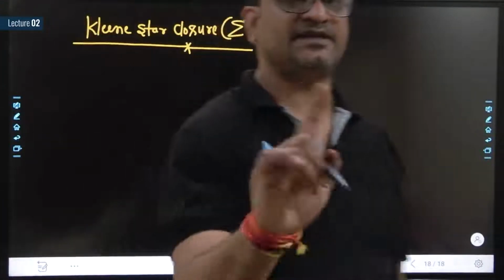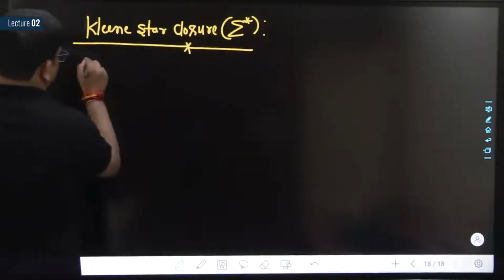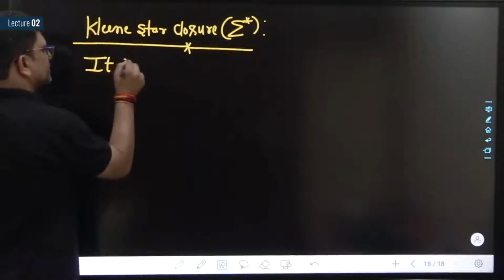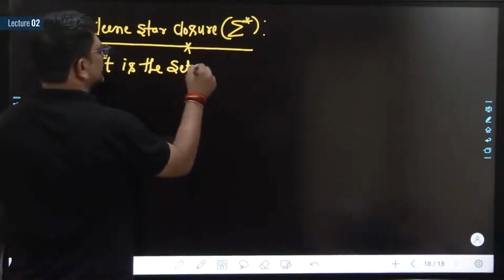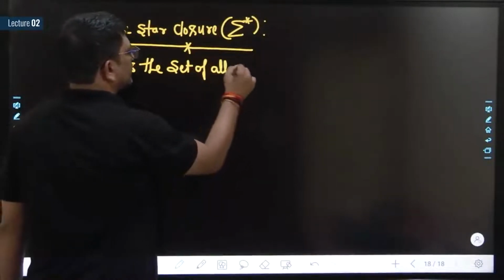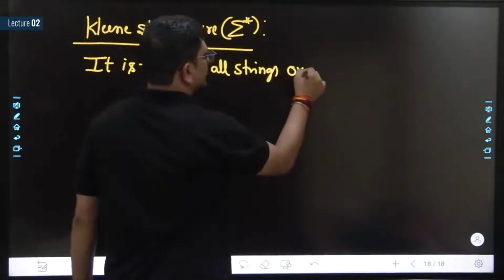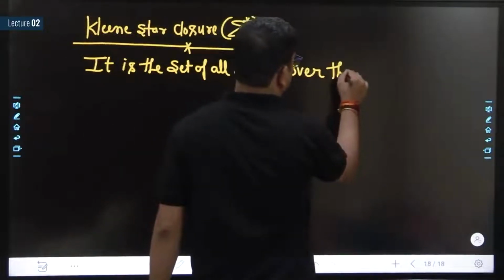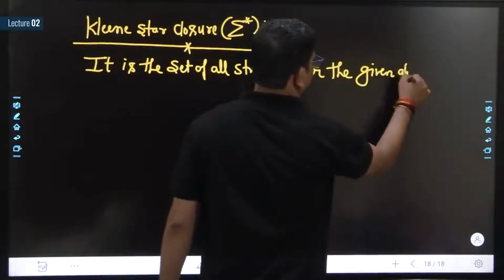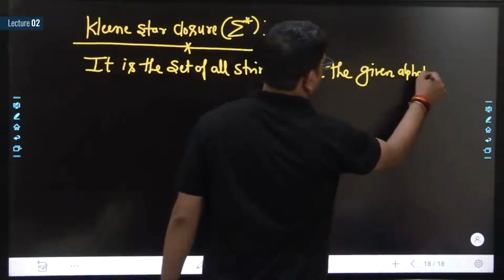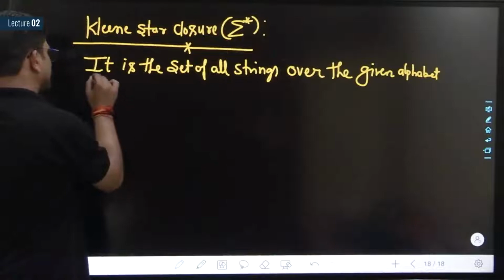What do you mean by the Kleene closure? It is the set of all strings over the given alphabet, including null string or epsilon.